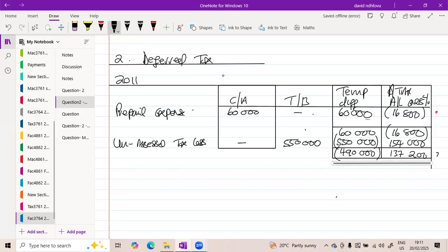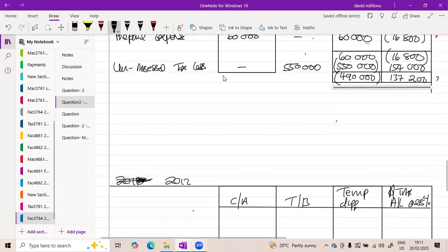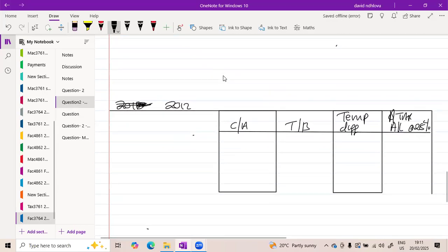In 3701, you may have a little bit of unused tax losses, but it's not as hectic as for the guys in CTA. But you still have to know this because it can be asked, at a slightly less challenging level. Everyone needs to understand unused tax losses. Hopefully we are on the same page.